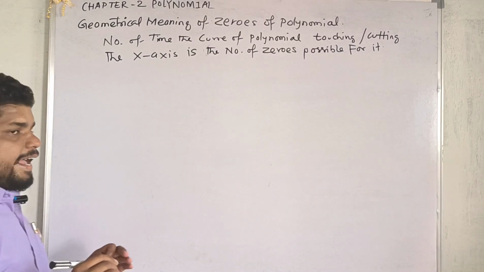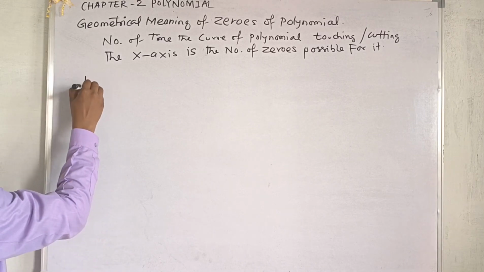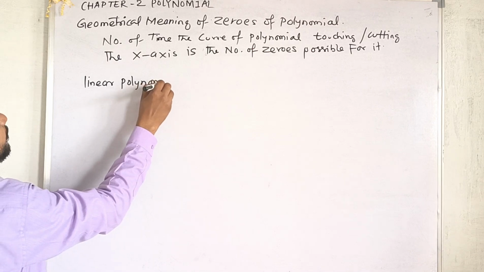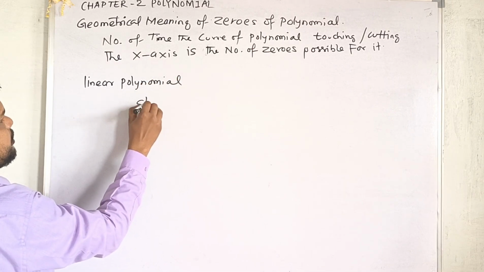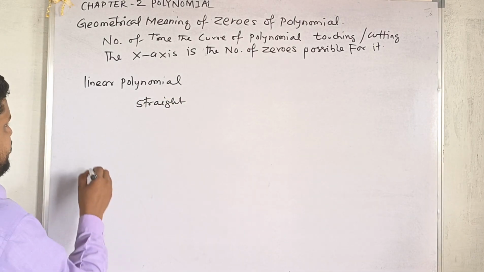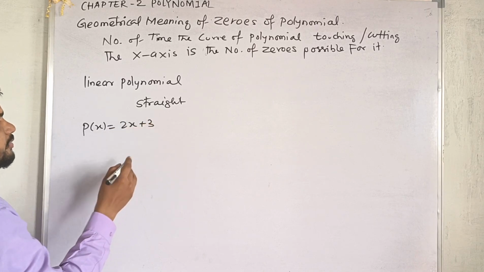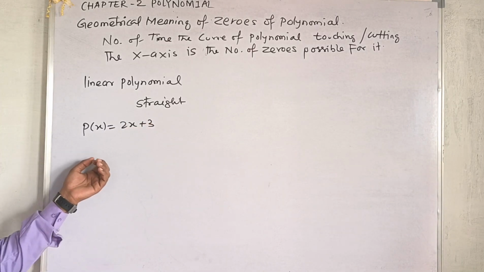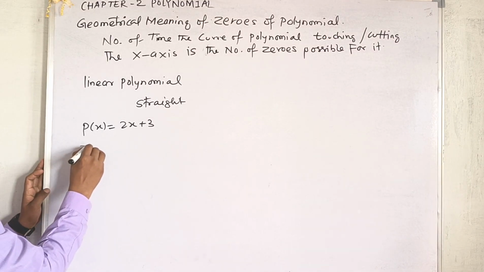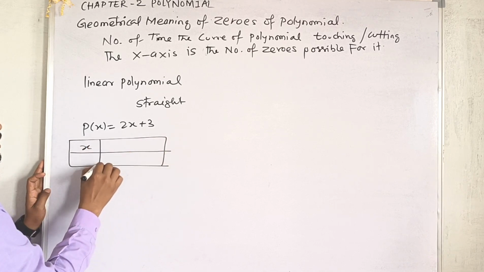As I have taught you in an earlier video lecture, for a linear polynomial the curve is always a straight line, isn't it? Yes. Let us take one example. P of x equals 2x plus 3 is one polynomial. I just want to plot the graph for this, so I will make a table.